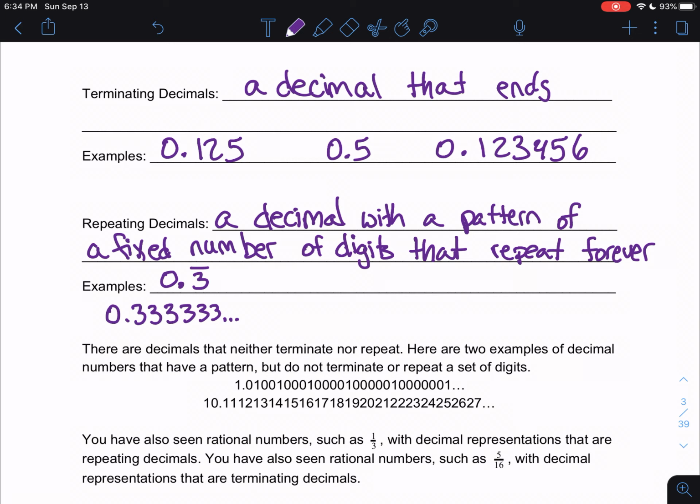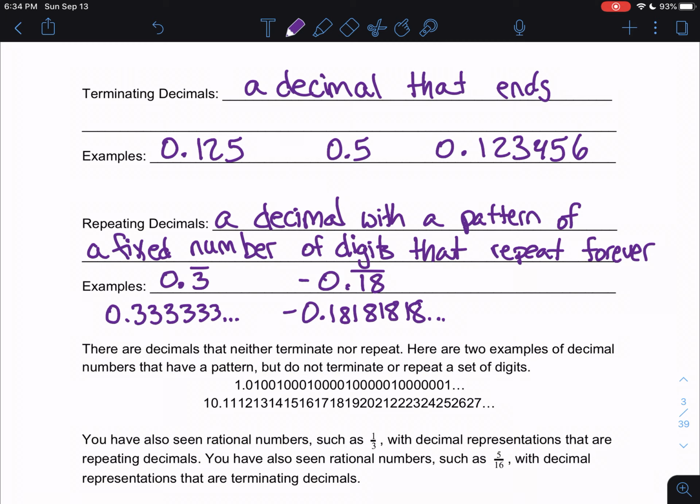Another example of a repeating decimal would be like negative 0.18 with a line over the 1 and 8. What that would mean, if we were to write it, would be negative 0.18181818... And you have to see the ... or that repeating line, otherwise it is terminating and it stops.